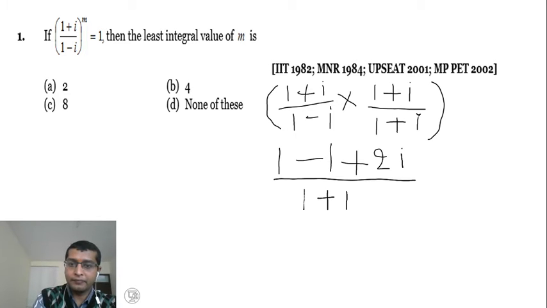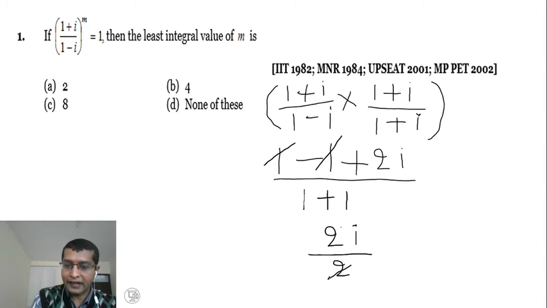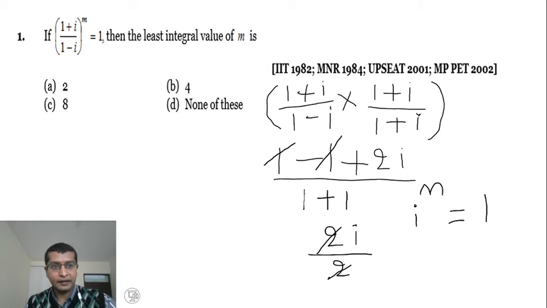In the next step, plus 1 minus 1 cancel, we get 2i whole divided by 1 plus 1, that is 2, then the 2s cancel. So the left hand side expression is i, the solution is i raised to m, and the right hand side is equal to 1 here.